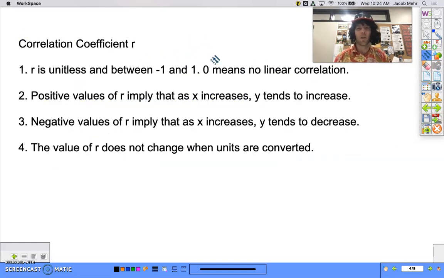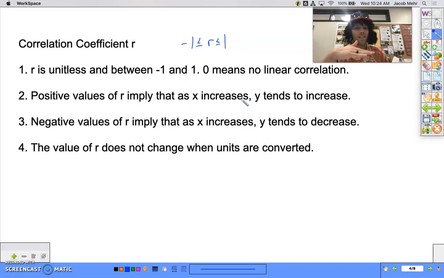It goes from negative 1 to 1. So there's that range. R has to be less than or equal to 1 and greater than or equal to negative 1. 0 means there's no linear correlation at all. If R is positive, remember we said that means it's trending upward.